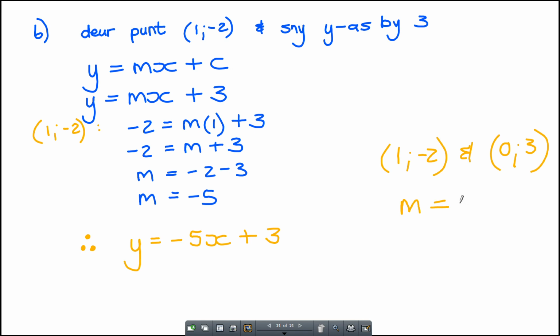Verskil in Y gaan wees minus 2 minus 3, en verskil in X, 1 minus 0, en dit gee vir jou minus 5 op 1. Sien julle, hy het weer 'n ander alternatief gebruik. Nee, is perfect. Vol punte. Kyk, so either. Is julle by met waar hy hierdie gekry het? That's the y-intercept. As hy vir Y sny, dan is jou X-waarde mos altyd 0. En hulle sê hy sny die Y as by 3. Is julle reg?